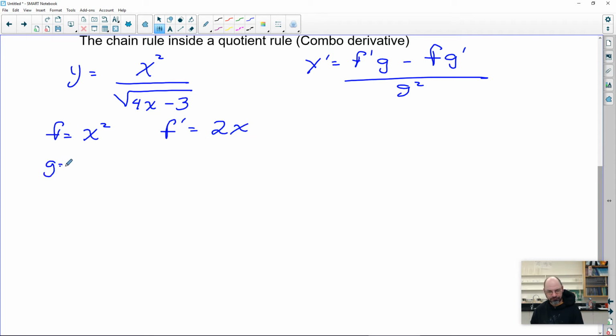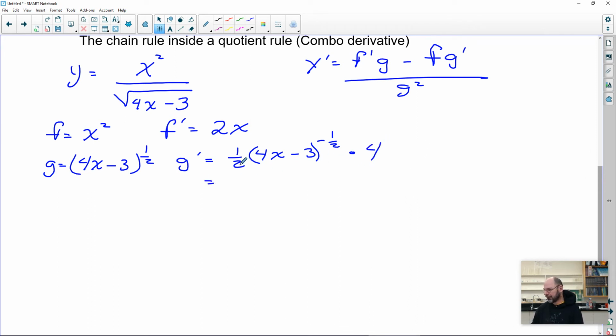If we have g being 4x minus 3 to the power of 1/2, if we write it in exponent form, g prime then equals 1/2 times 4x minus 3 to the power of negative 1/2, and then chain what's inside there times the derivative of that, which is 4. Okay, and then we can reduce that a little bit. 4 times 1/2 is 2, so we can write that as 2 times this number.